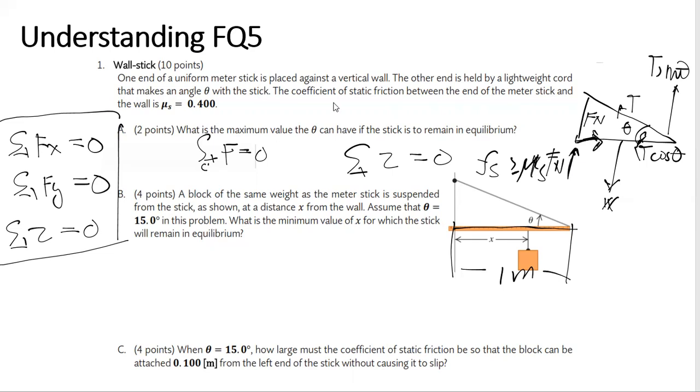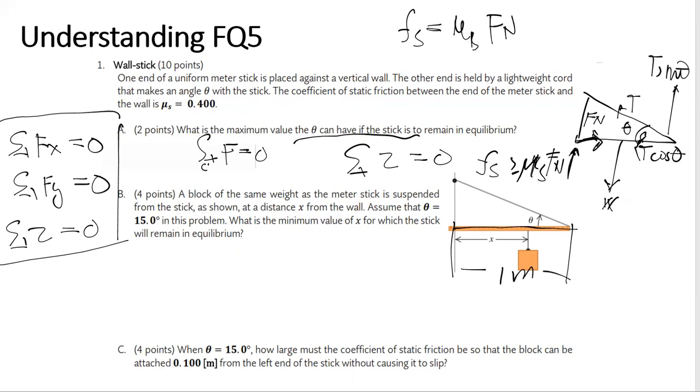So since we want the maximum angle where the stick can remain in equilibrium ang hinahanap, you can simply set your force of static friction to be equal to mu sub s Fn instead of greater than or equal. So equal lang pwede na.